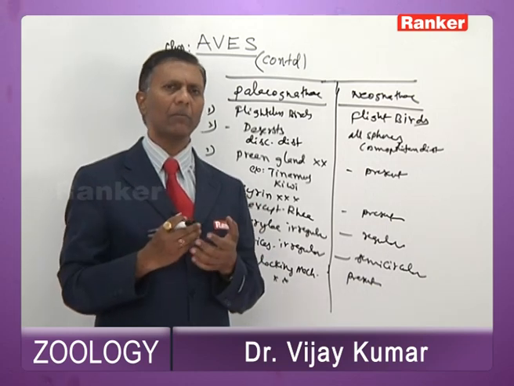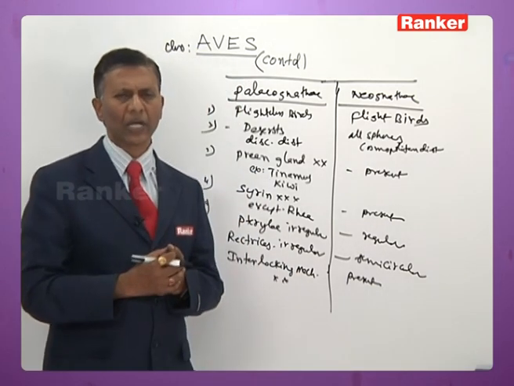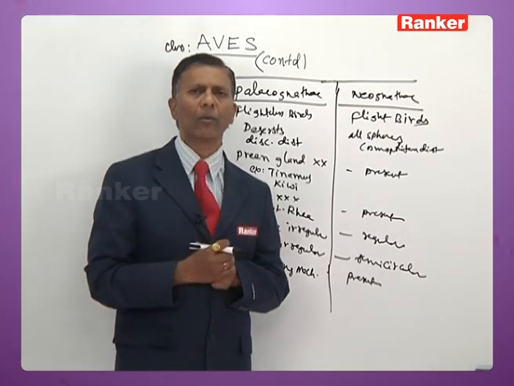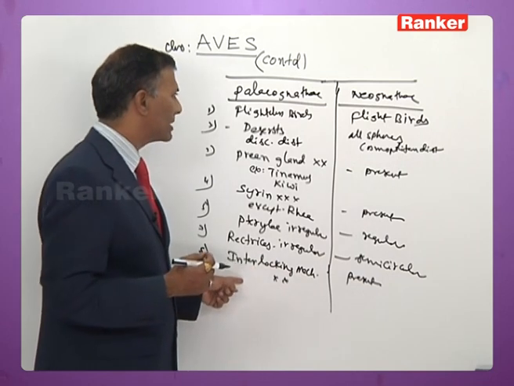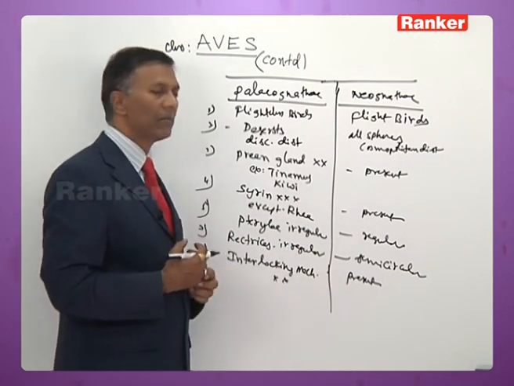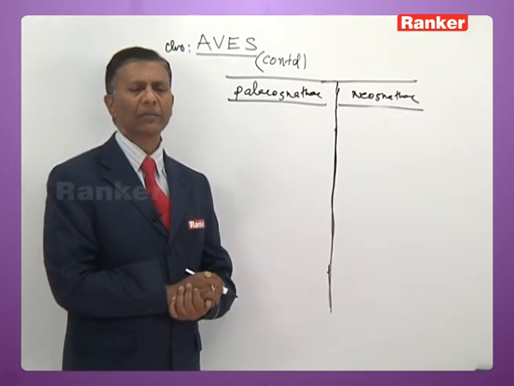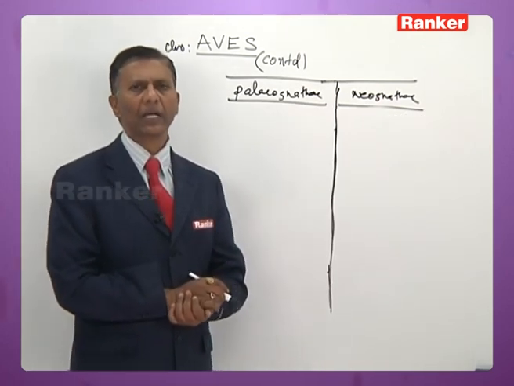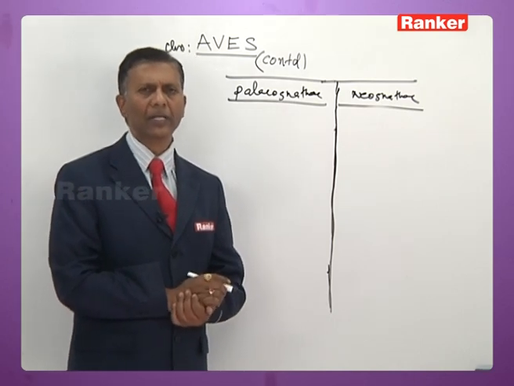Proximal and distal barbules get interlocked to form a meshwork-like structure all over the body to prevent loss of body heat. So the interlocking mechanism is absent in flightless birds, whereas in all flight birds it is present. Rectrices are absent or irregular in flightless birds, and present and regularly arranged in flight birds.